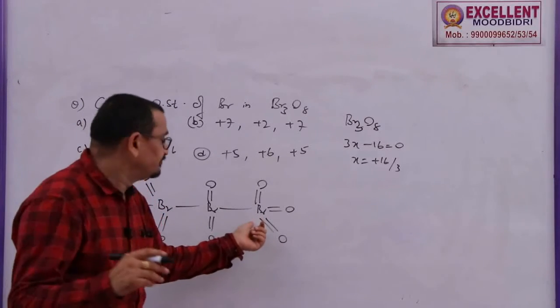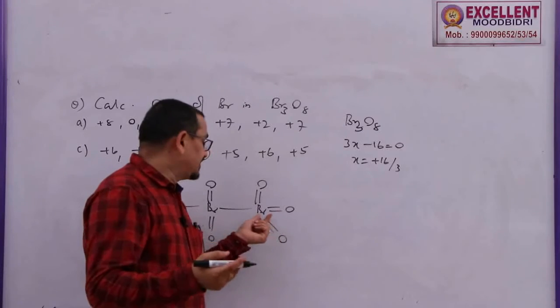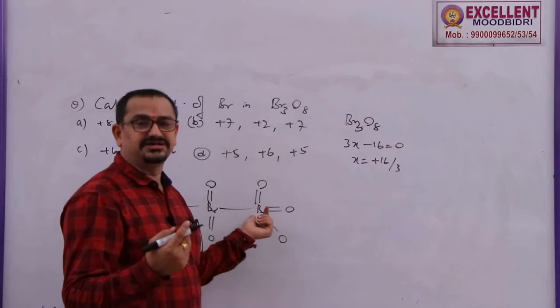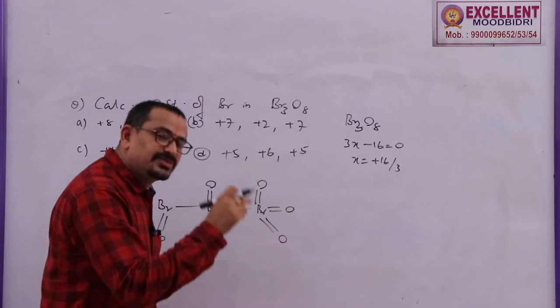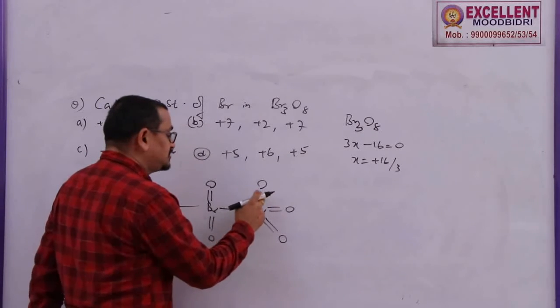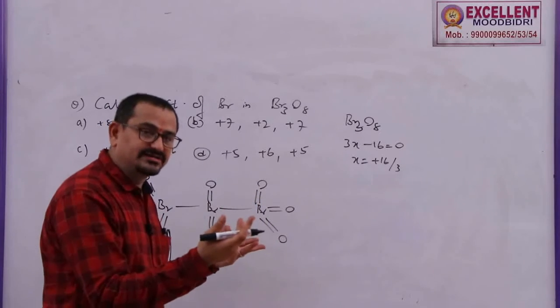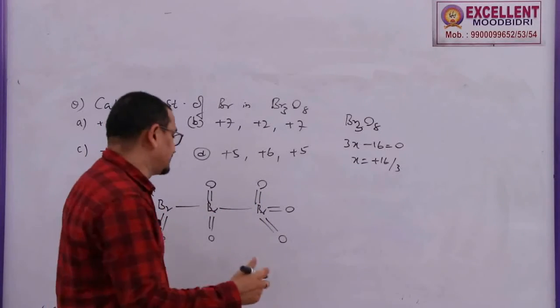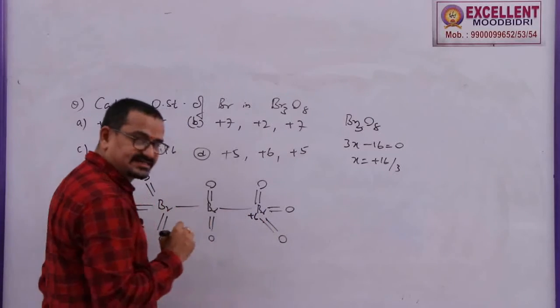I am repeating, so many bonds with more electronegative atoms, that many plus charges bromine is going to get. Now, bromine and oxygen, which is more electronegative? Oxygen is more electronegative. How many bonds are with oxygen? 1, 2, 3, 4, 5, 6. Bromine is getting plus 6.